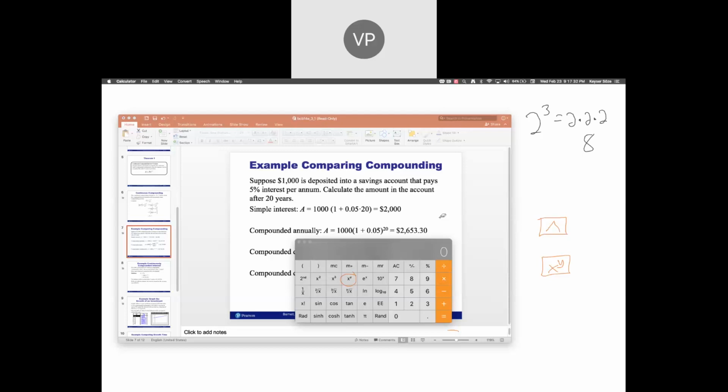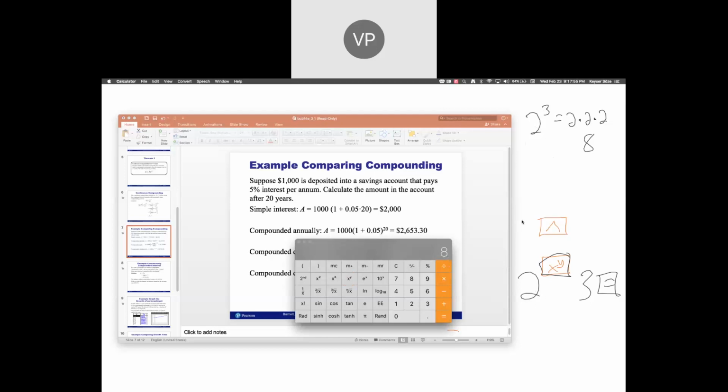So you hit the base 2, you hit this button, you hit the 3, you hit equals, and that ought to give you the answer. Bear with me and I'll show you. I'll hit the 2, I'll hit the power button, I'll hit the 3, I hit equals, and you see the 8 appears. That's how you can calculate any base and any power using those buttons.